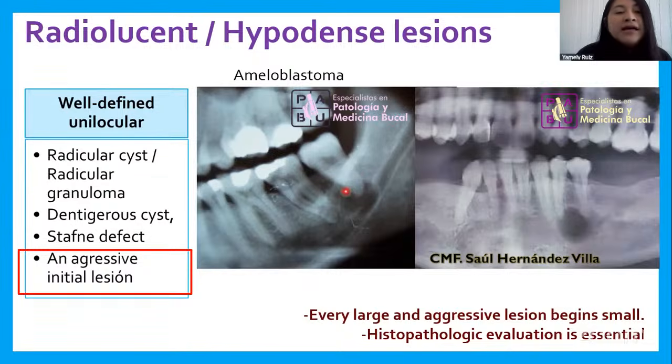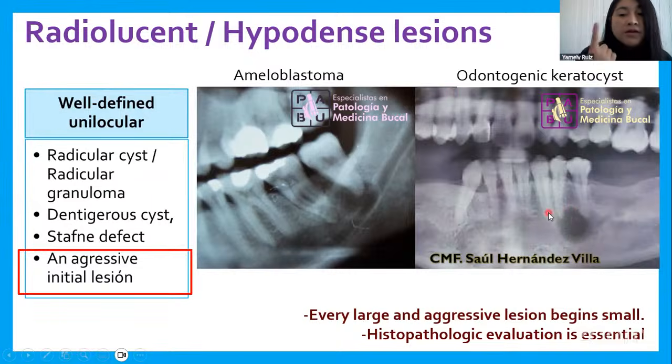In these cases, the tooth is vital, so the tooth could stay there, but the lesion does have to be removed. In this other case, an odontogenic keratocyst, the entity is very small, 1 centimeter in diameter, and is between the roots of these teeth.